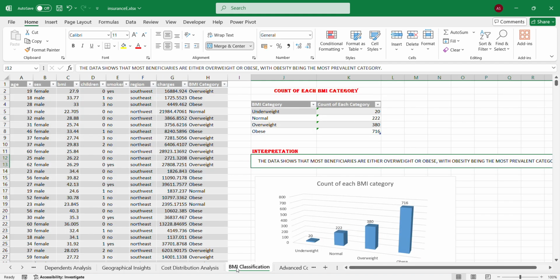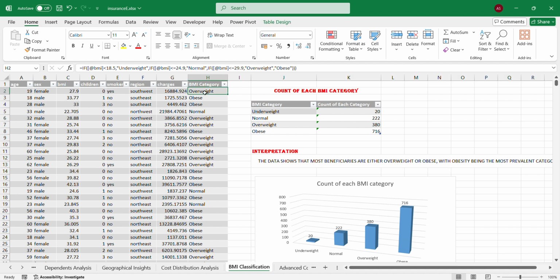And then we move forward to the BMI classification. In this, a BMI category column is created, in which if the BMI is less than 18.5, it is underweight, and similarly normal, overweight, and obese.